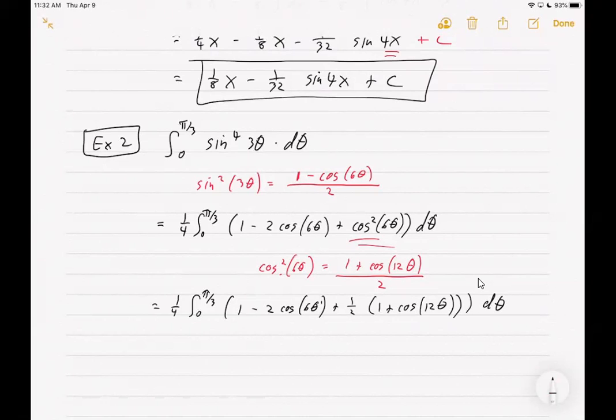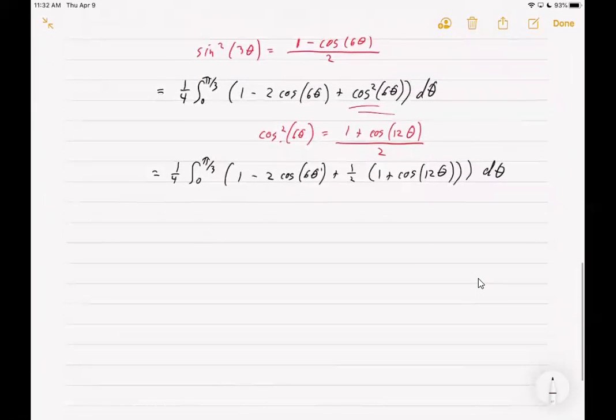All right. Now we may want to break this up into various pieces and integrate each of them separately. So let's do that, but carefully.